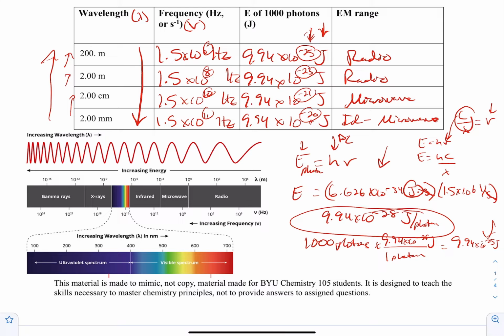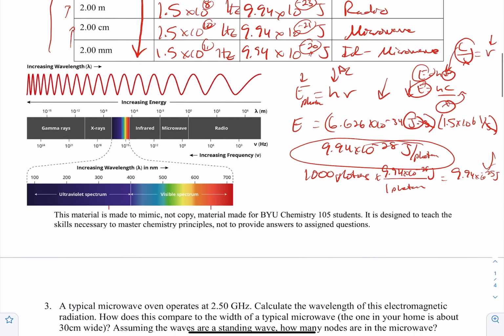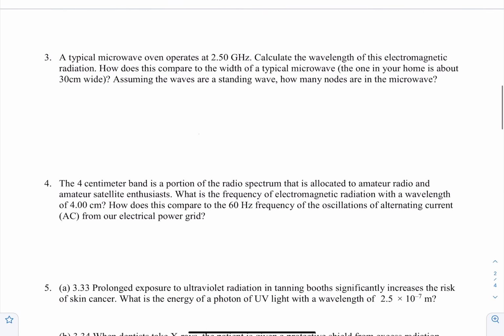Now it's inversely proportional to energy, so if wavelength increases, then energy decreases. So you can see it algebraically too: if wavelength increases, energy decreases, or if frequency increases, then energy increases. So frequency and energy have a direct relationship. Wavelength and energy have an inverse relationship.